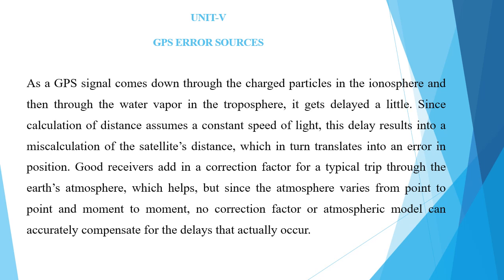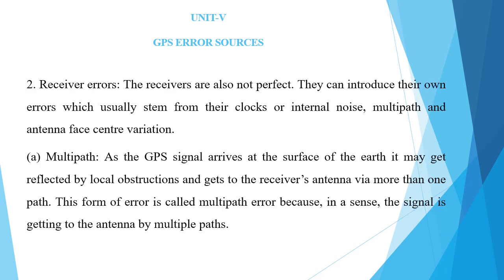Good receivers add in correction factors for a typical trip through the Earth's atmosphere, which helps, but since the atmosphere varies from point to point and moment to moment, no correction factor or atmospheric model can accurately compensate for the delay that actually occurs.